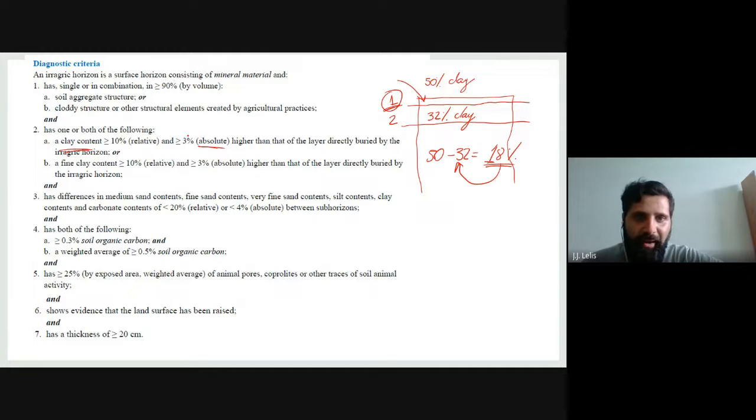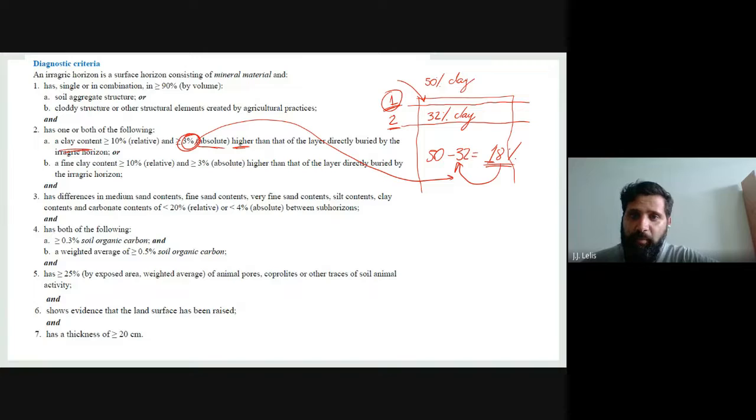So we have at least 3% of clay difference. This first horizon should present at least 3% higher clay than the second horizon.